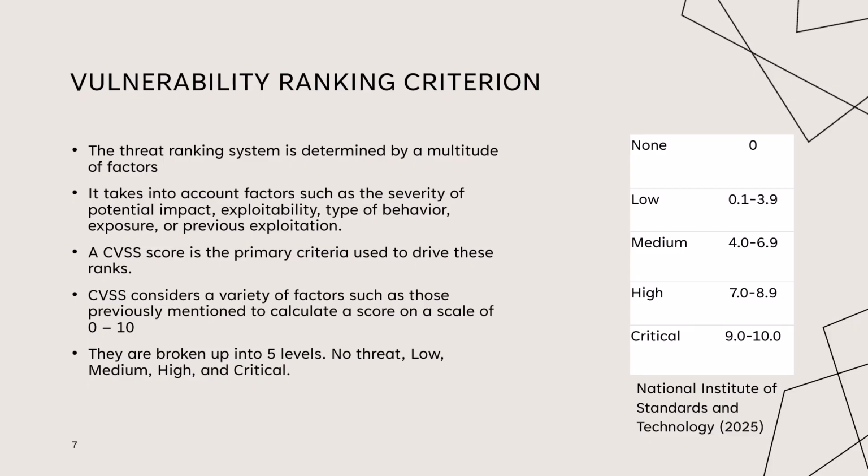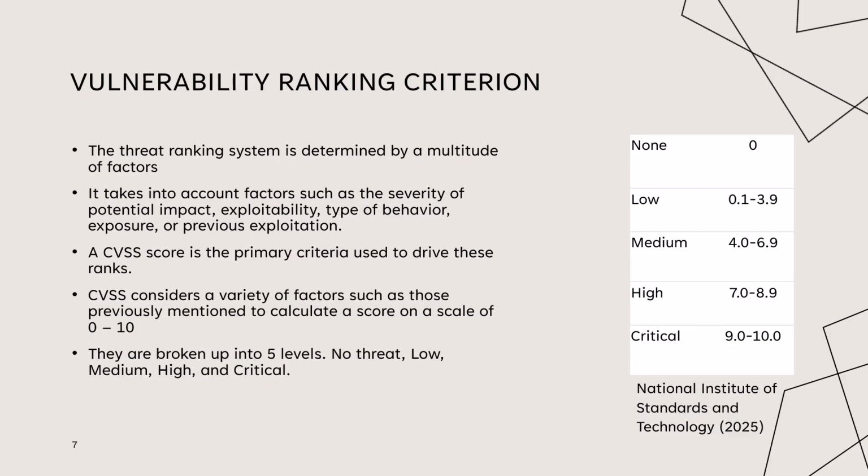And a CVSS score is the primary criteria used to drive these ranks. CVSS considers a variety of factors, in addition to those previously mentioned, to calculate a score on a scale of 0 to 10.